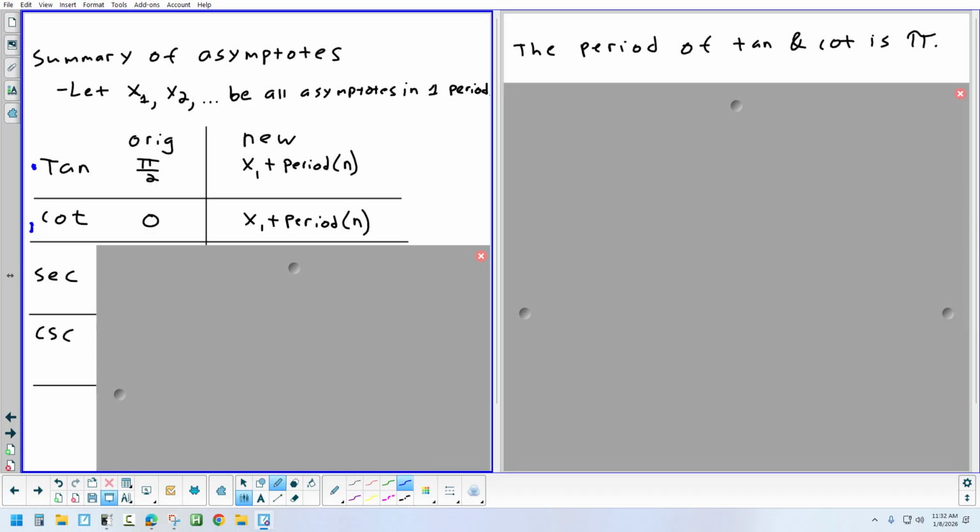But so far, I'm not going to show you secant and cosecant yet because we haven't done it. So what I'm showing you in this table is the first non-negative asymptote for each function. For tangent, the first non-negative asymptote you get to is pi over 2. And then the next one after that, for cotangent, is 0.